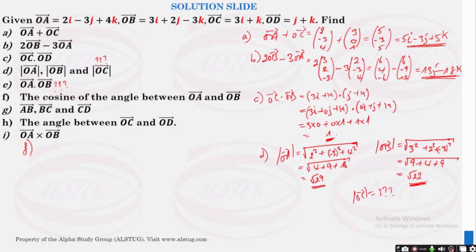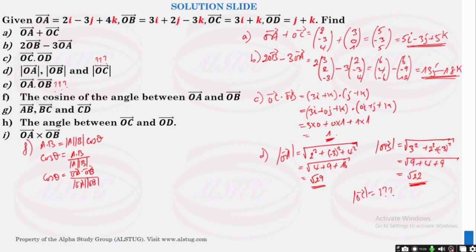Of course, we said that if we have two vectors A and B, A dot B should be equal to magnitude of A, magnitude of B, cos theta, which means cos theta should be equal to A dot B divided by magnitude of A, magnitude of B. If this is true, then cos theta in this case should be OA dot OB, all of that on magnitude of OA, magnitude of OB.